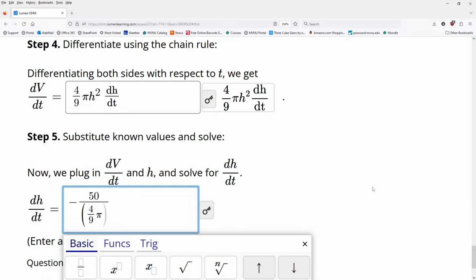I know this is kind of a cheater way of doing this. Basically, I just plugged in negative 50 and 40, and then divided everything by this mess. Okay, let's find out.